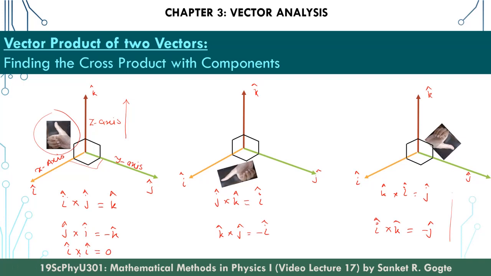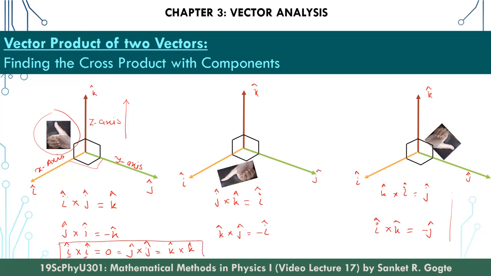That is because i cross i is 1 into sine 0, since they are the same vectors and the angle between them is 0, and therefore it will give us 0. This is true for j cross j as well as for k cross k.